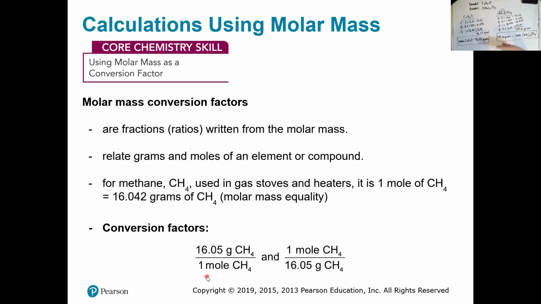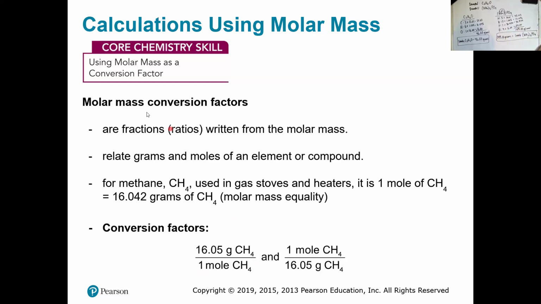Then we can figure out how many molecules are present and maybe even atoms if we want to go that far. We're going to be able to do a lot more with the values we're given if we're able to relate the masses to the mole values as well.